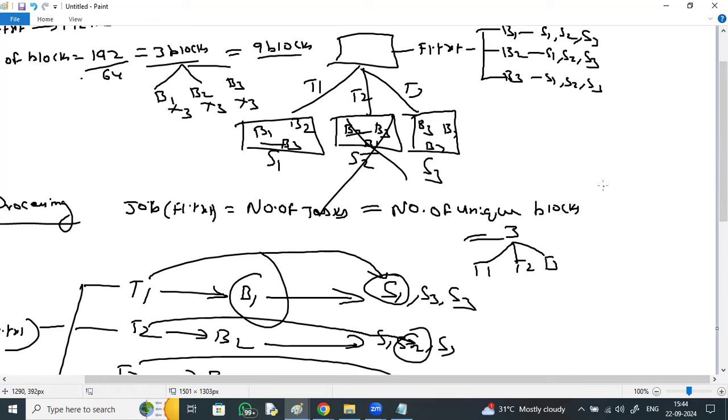S1 and S3 are now free, right? Will you allocate to S1 or S3, or continue in S2 only? S2 has not failed, but if I leave it to S2, it will take 5 hours. If I give it to S1 and S3, it will complete within 10-15 minutes. So I'll allocate it to S1 as well, and among S2 and the other one, whichever gives the result first, that result will be collected.